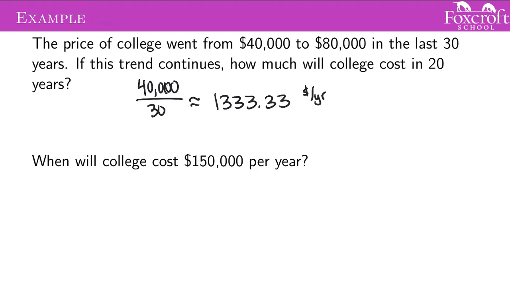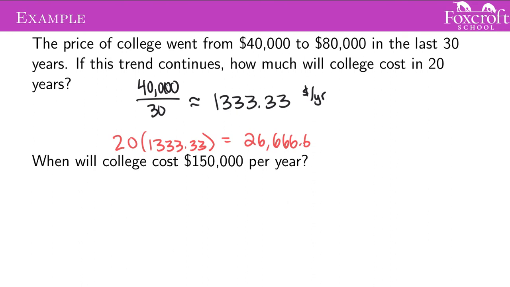Well, we have 20 extra years, so 20 more years of it changing by that amount every year. So in 20 years, the increase is going to be, let me multiply these things, $26,666.6. But it already costs $80,000.